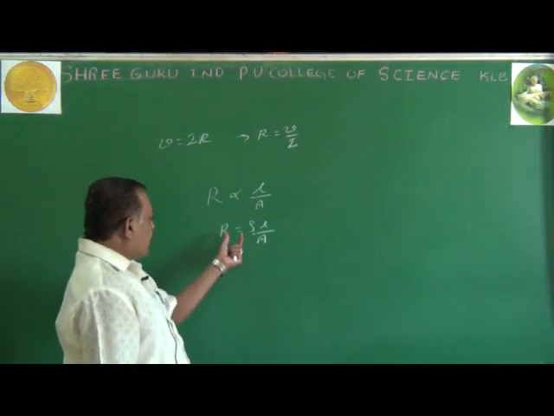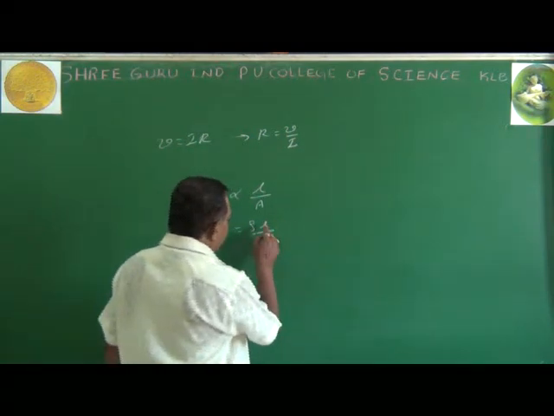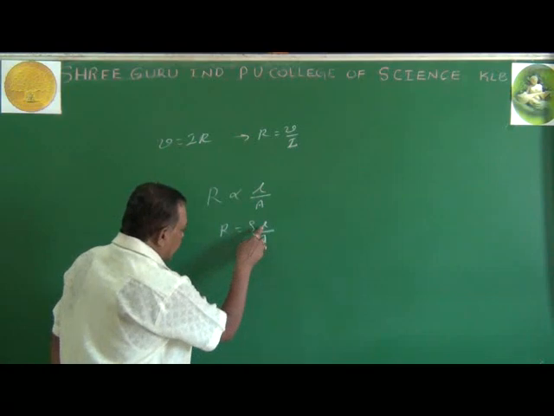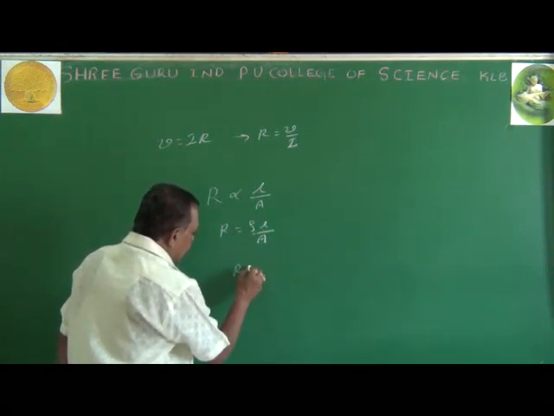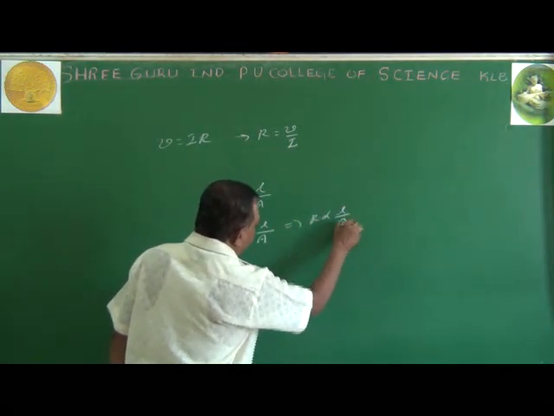So, by keeping rho constant, if I go for L and A, R is directly proportional to L and inversely proportional to cross-section area.